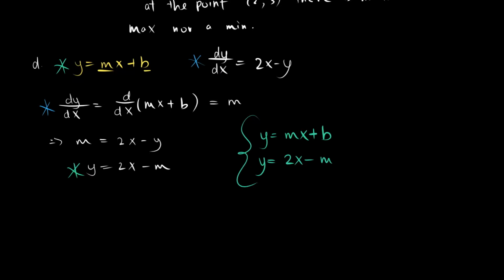So now let's recap on the relationships we've established in this problem. We know that y equals mx plus b is a solution to dy dx equals 2x minus y. And we also know that this dy dx is the differential equation of y equals mx plus b. So therefore, we know that this dy dx and this dy dx, the two differential equations with blue asterisks next to them, model the same relationship.